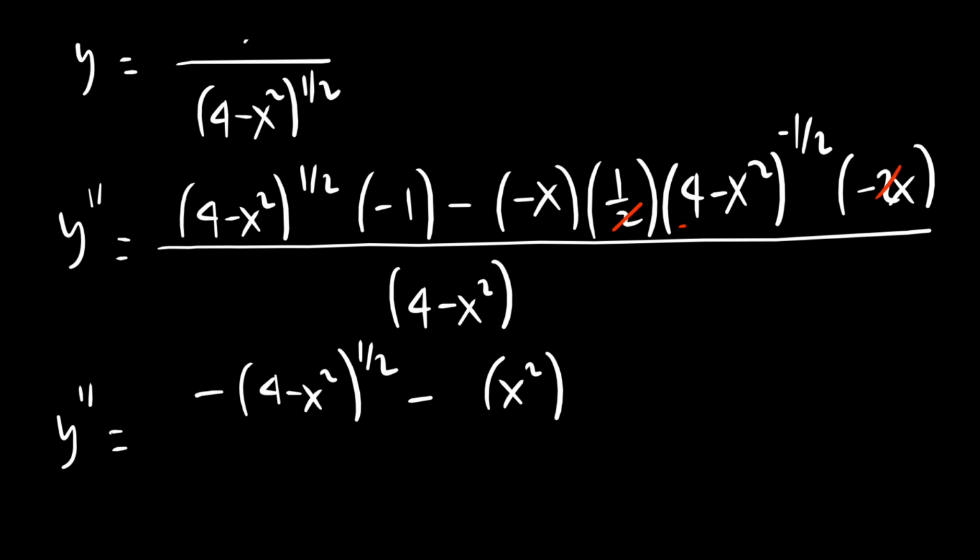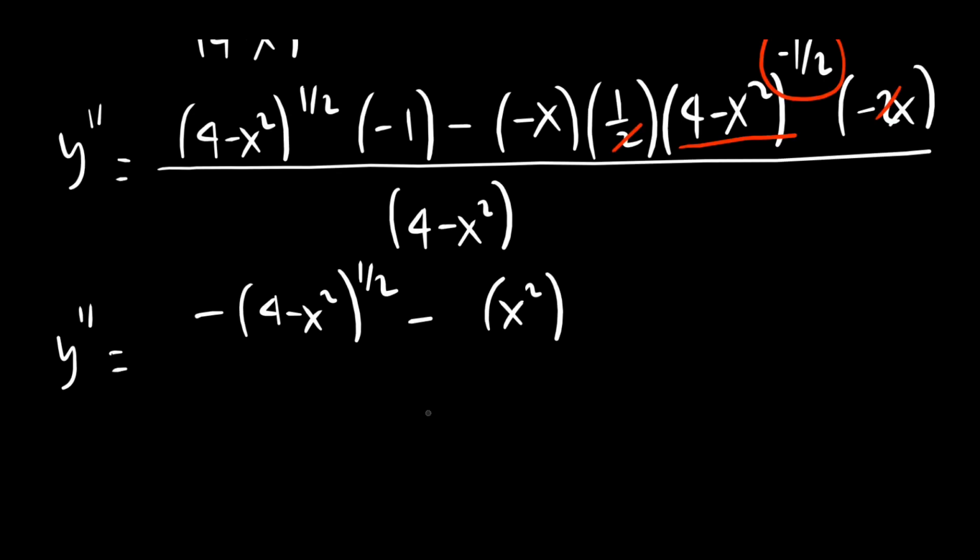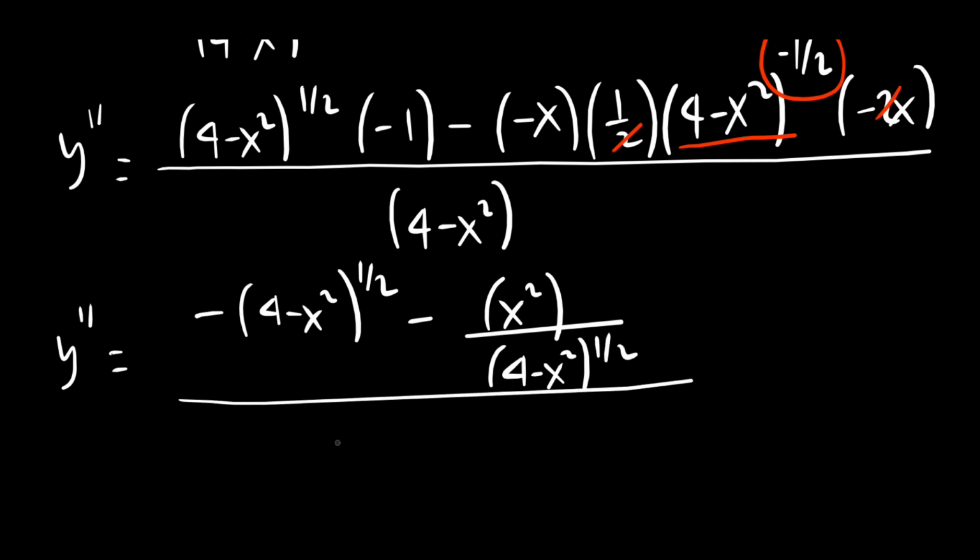So this term here has a negative exponent, so we'll put it to the denominator. So we have x squared all over 4 minus x squared raised to the power of 1 half, so all over 4 minus x squared.